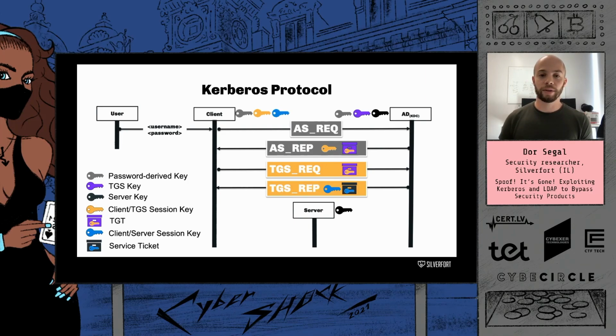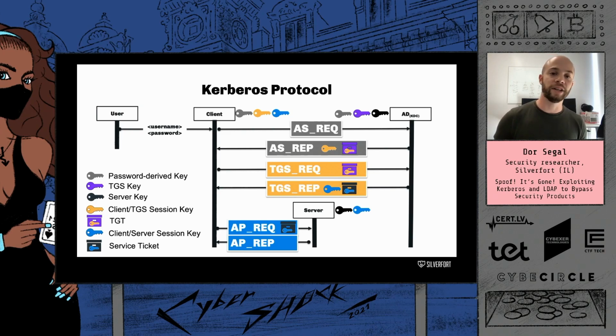Now the client decrypts using the TGS session key and sends an application request to the server, providing the service ticket. The server itself decrypts the service ticket, and now both of them have the server session key and can securely send authentication messages between each other.